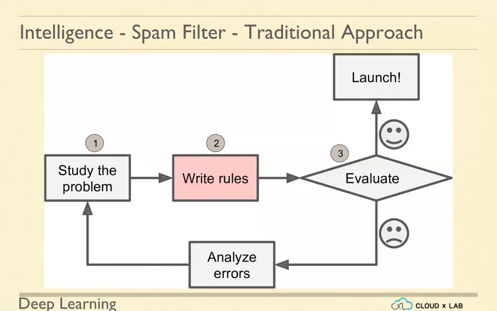Programmers are writing our own ifs and elses, that if we find this keyword, or if we detect this pattern, then we mark it as spam. The way we classically do the programming.